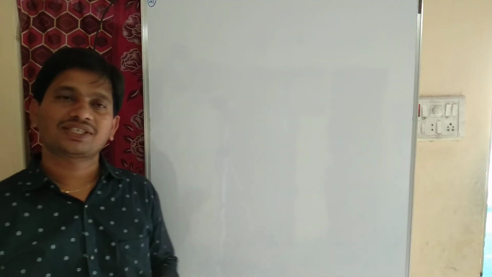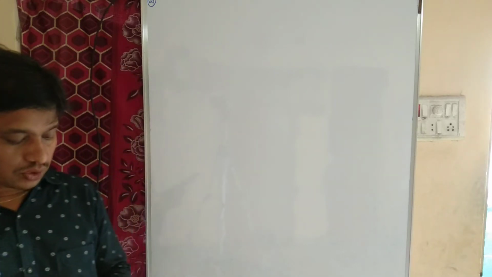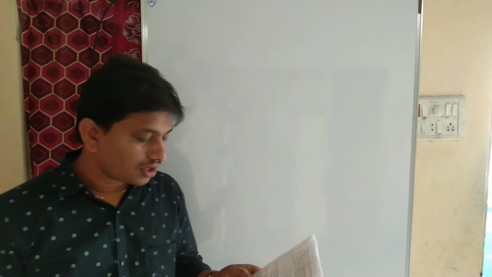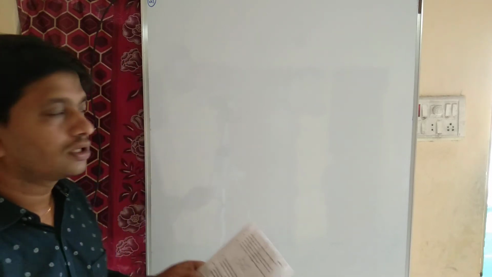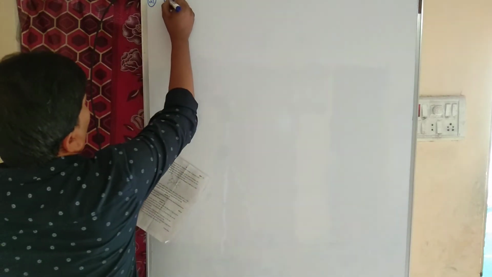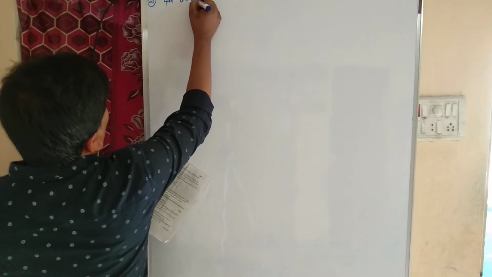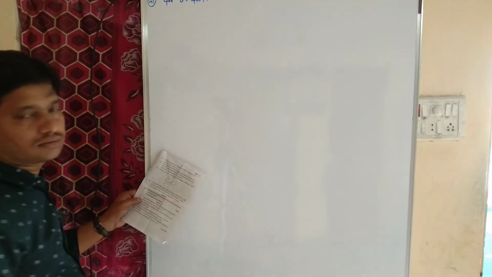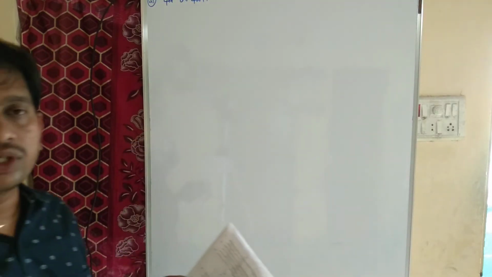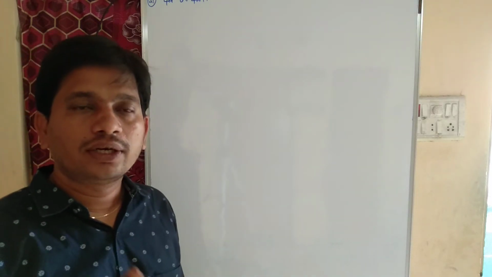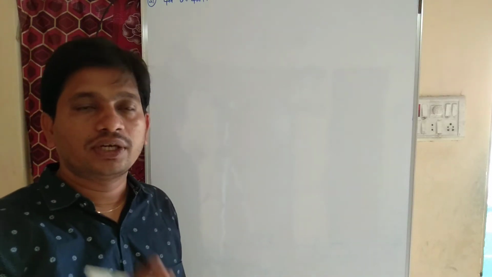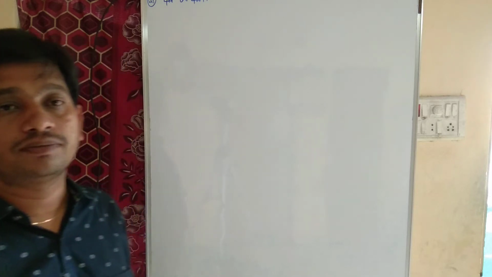Right? So first question, use division algorithm to show that the square of any positive integer is of the form 4m or 4m plus 1. Let me repeat the question. Use division algorithm to show that the square of any positive integer.